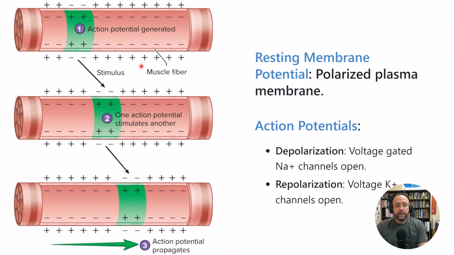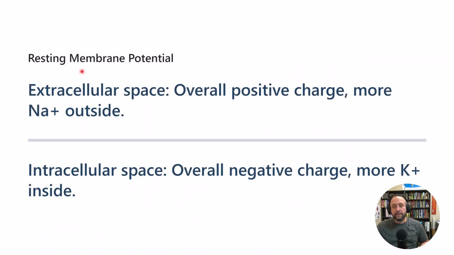First off, we want to make sure that we know what a cell is doing, or what the conditions are for the cell and its environment when there's no movement, no message being sent down the axon to the muscle. Take note of these positive and negative signs here. The general environment outside of a cell, period, whether it's a neuron or another type of cell, is generally positively charged.